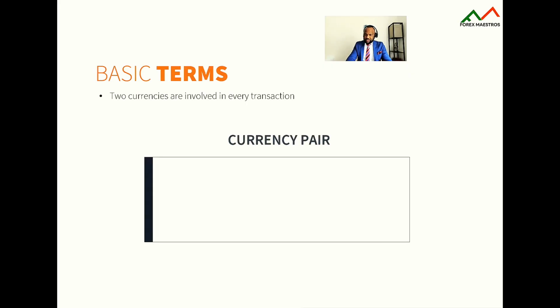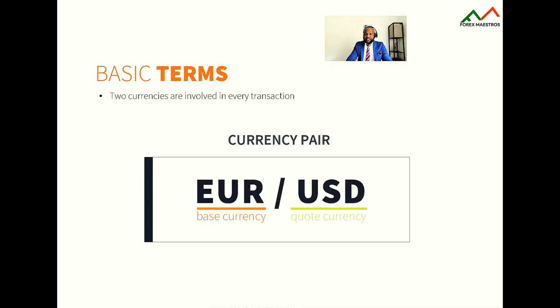And this is how it is. It's not difficult. A lot of you have been physically going to change one currency to the other, and unknowingly, you've been participating in this exchange. So let's take, for example, a pair of currencies written as euro versus USD.